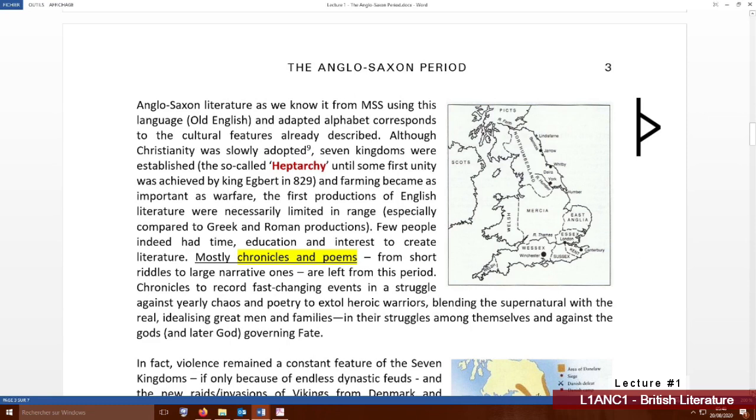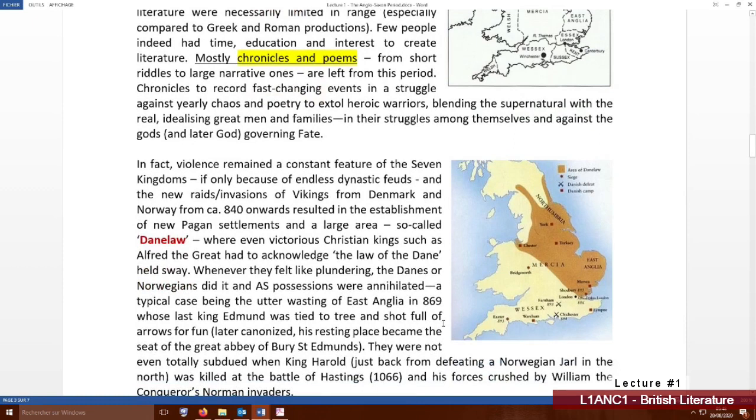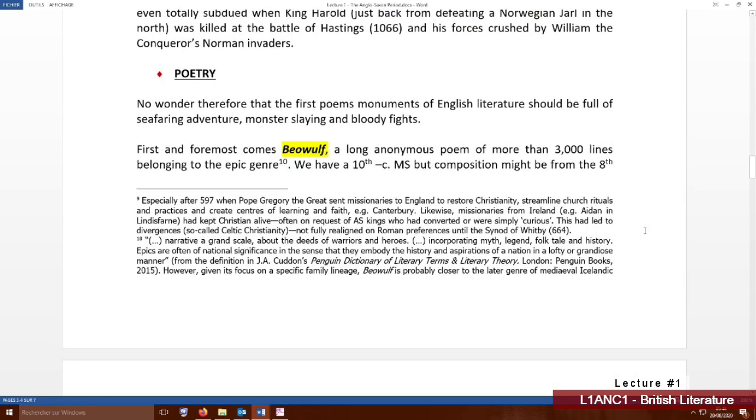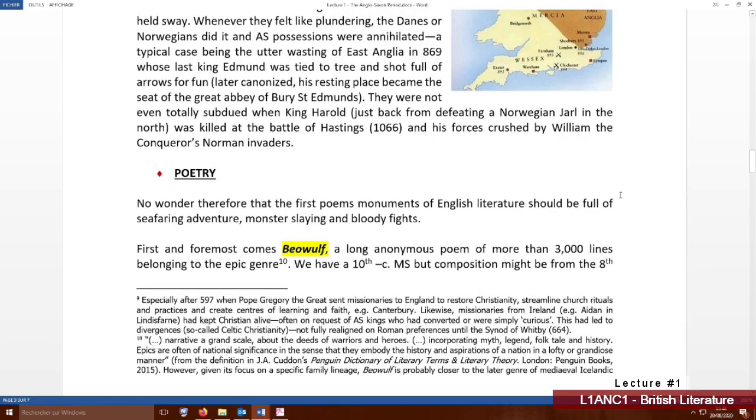And even after the adoption of Christianity by those Anglo-Saxons, you can still see in those texts that fate is still the governing notion. In fact, there was more violence when something happened to the Anglo-Saxons quite similar to what had happened to the Celts.